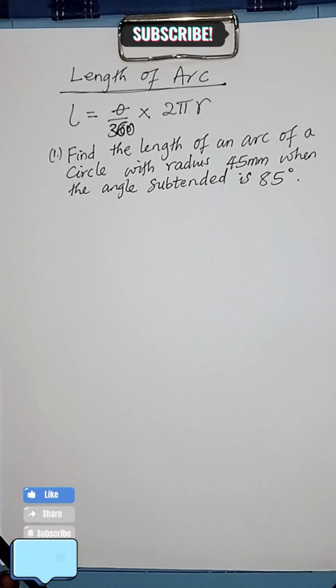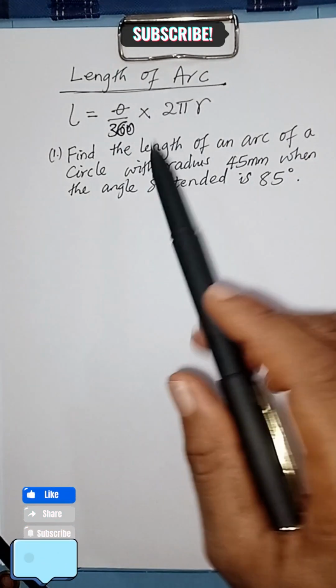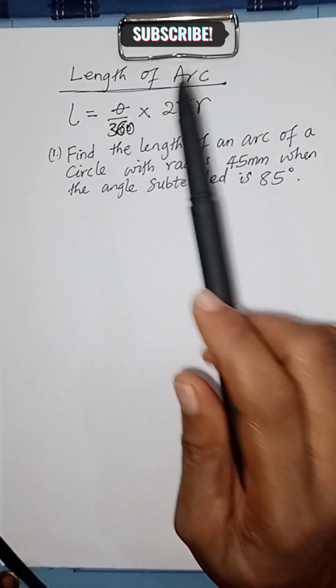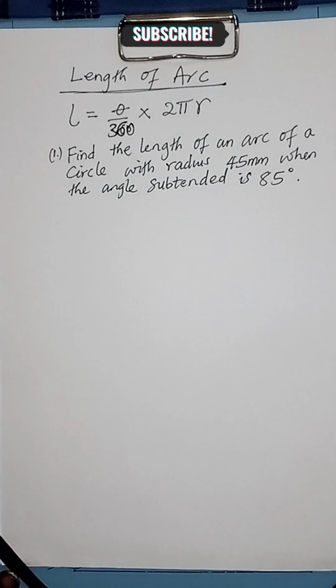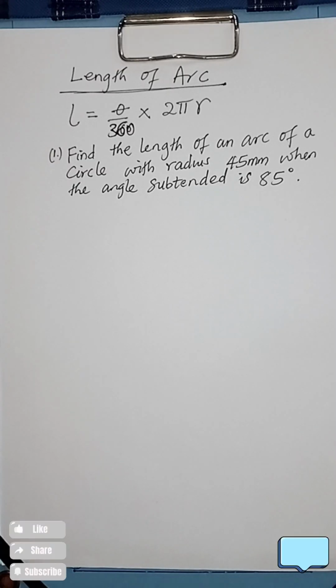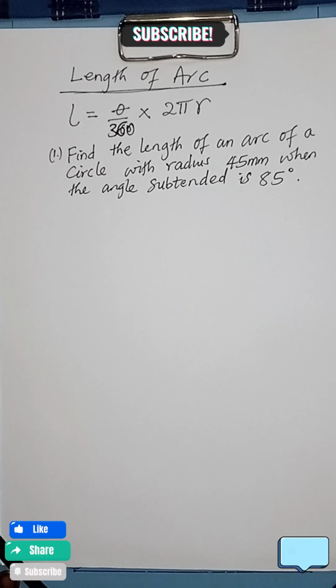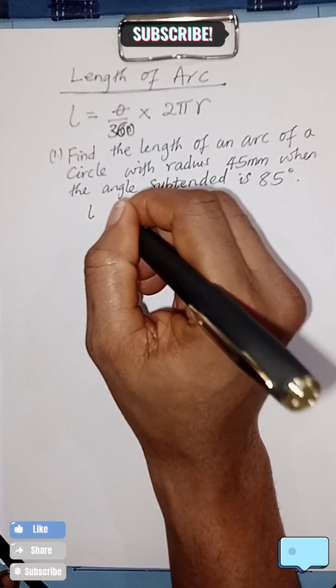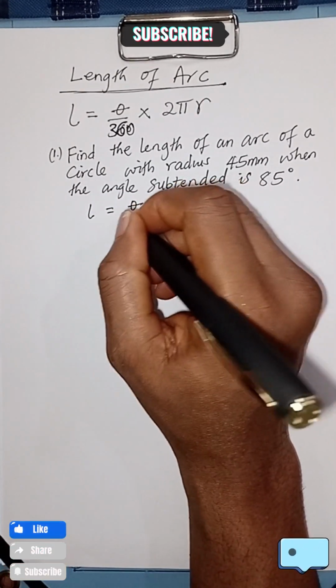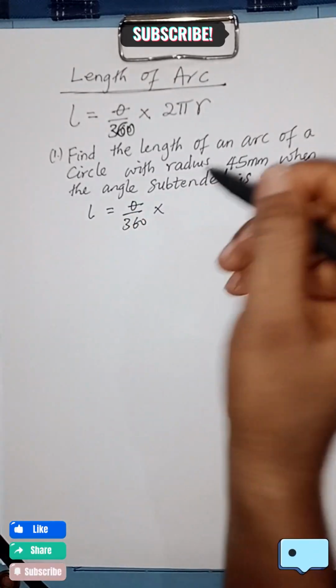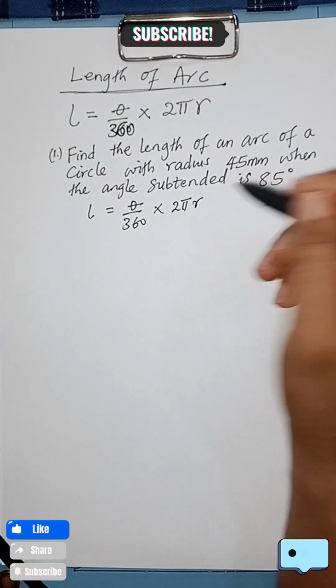Now let's look at length of arc. What is the formula for solving for the length of arc? It is theta divide 360 multiplied by 2 pi r. Now we'll have a question in which we can apply this. We are to find the length of an arc of a circle with radius 45 millimeter when the angle subtended is 85 degrees. So what I do is to use the formula L, which is length of arc, equal to theta divide 360 multiply 2 pi radius.